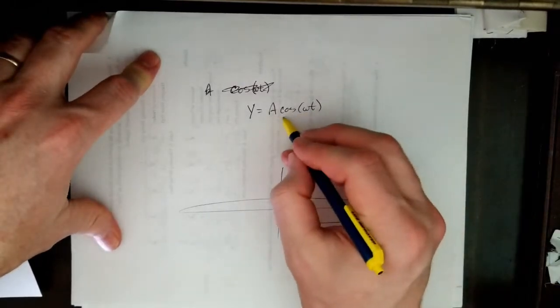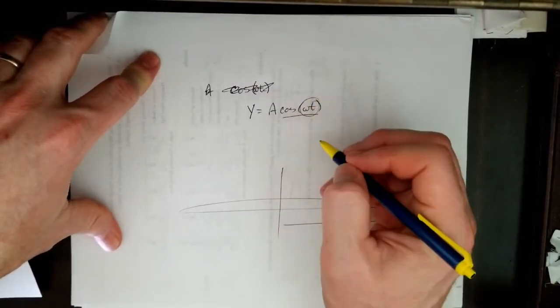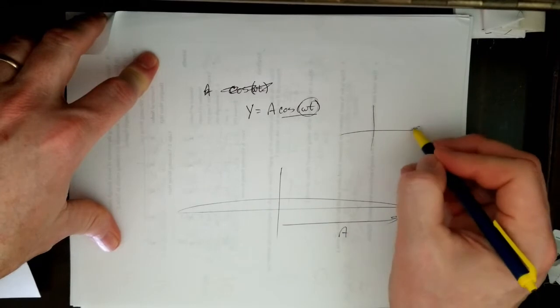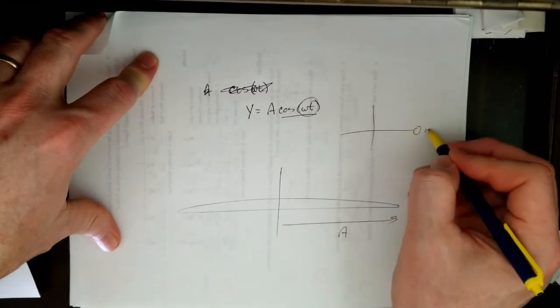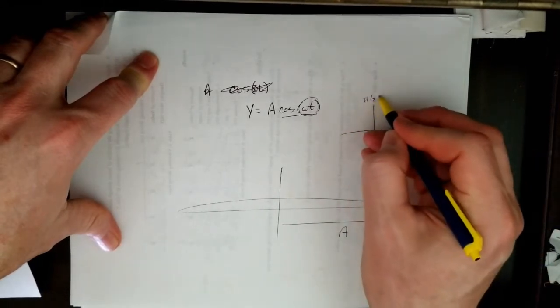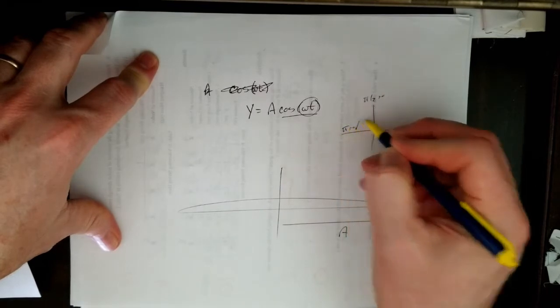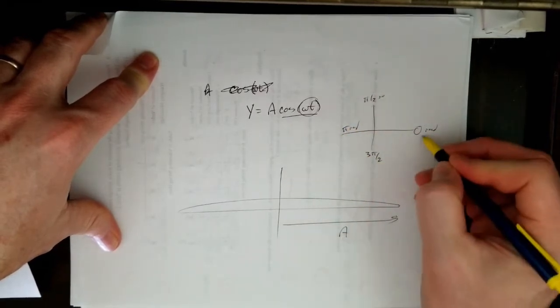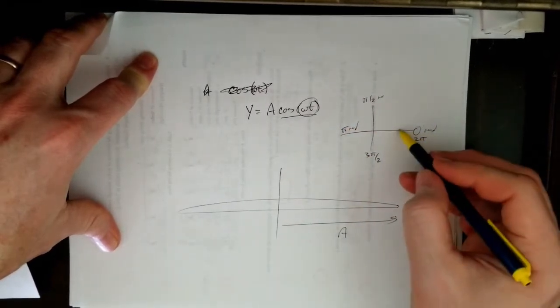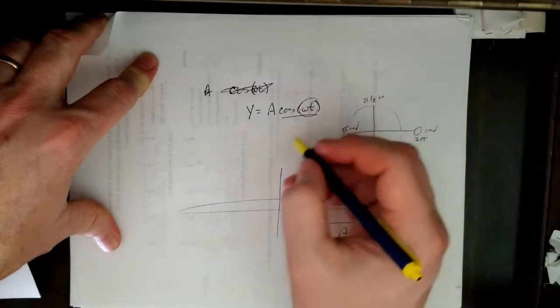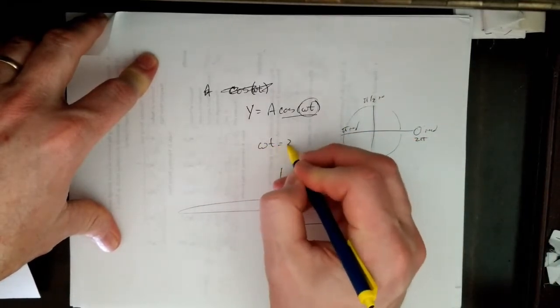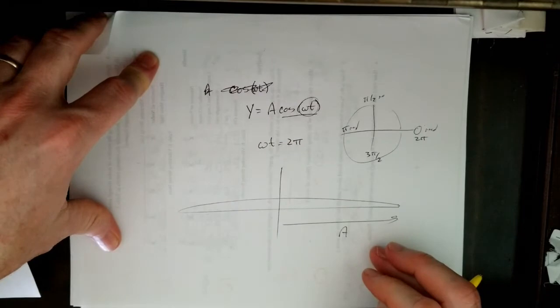I know that cosine repeats itself when that is equal to 2 pi. If you think about the unit circle, we're at 0 radians, pi over 2 radians, pi radians, 3 pi over 2 radians, and then 2 pi radians. So when I get back to here, I'm repeating myself.